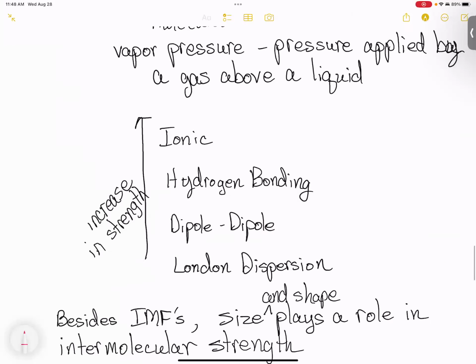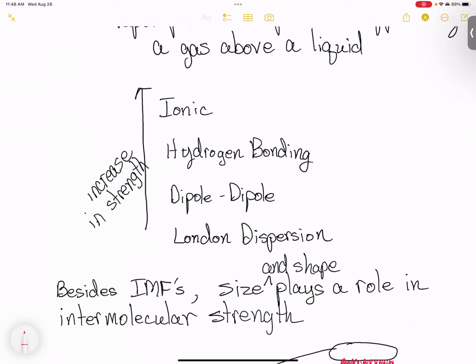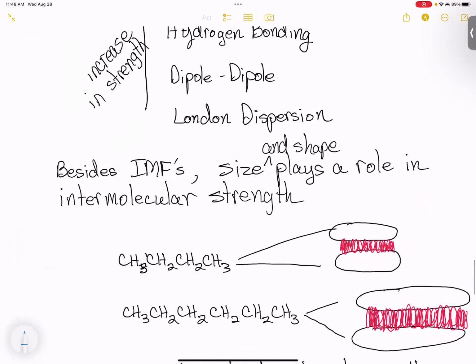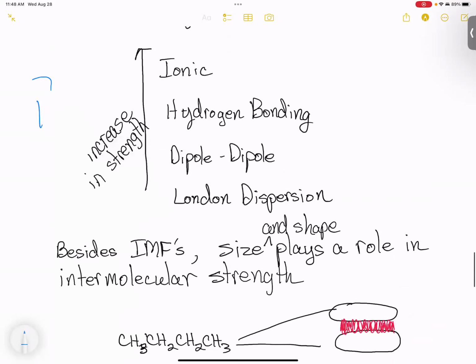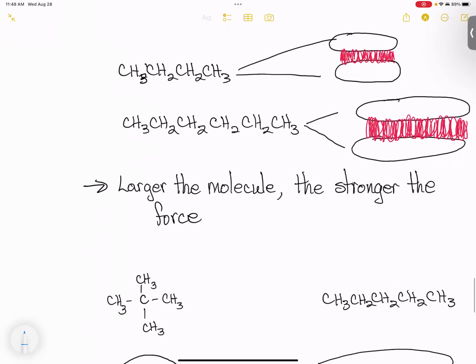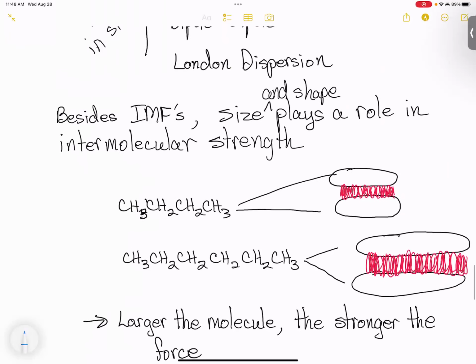When we get into these shapes and sizes on Friday, this is my number one thing I look at: I start with the intermolecular force. I only go to the shape and the size if I can't use the intermolecular force to determine who's the strongest.